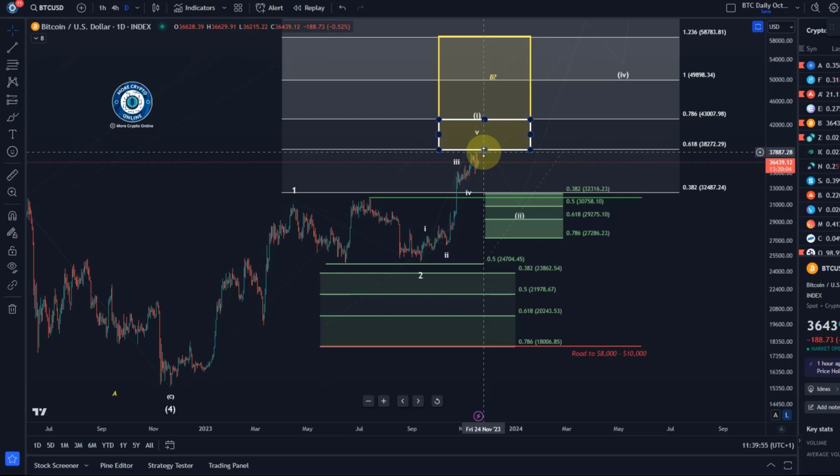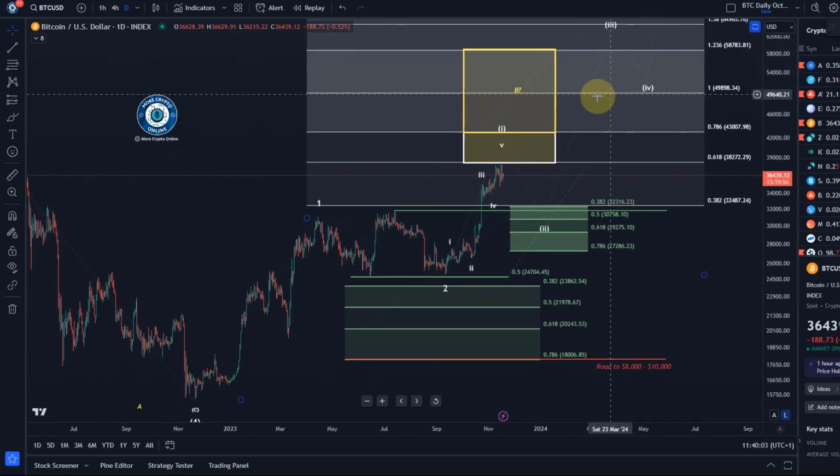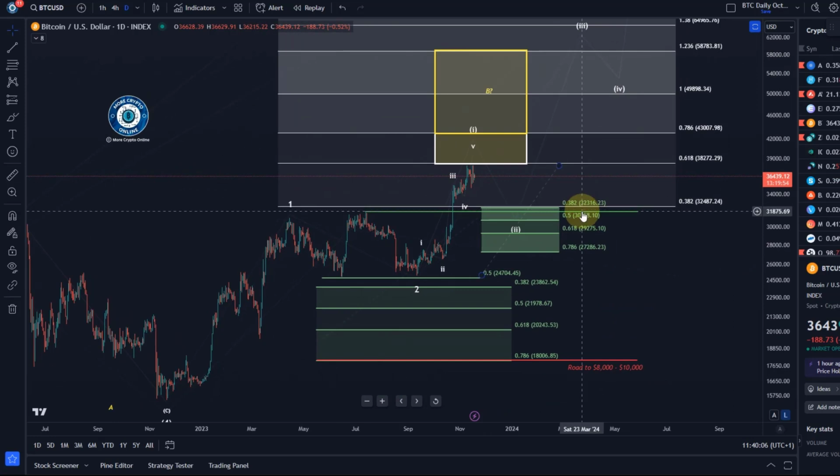In a wave 1 of a larger degree third wave, ideally the price does not exceed the 78.6 extension. So if I had another 1-2 and another 1-2, it would have exceeded that. It's not actually a written down rule, it's more something that is well known in Elliott Wave circles.